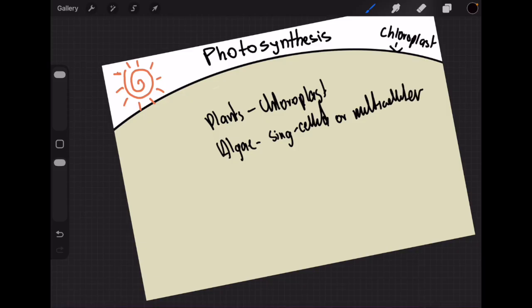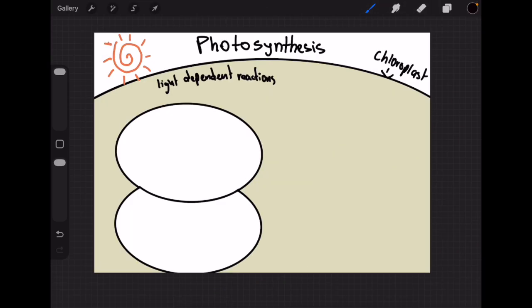We have cyanobacteria, which, even though they don't have chloroplast, perform photosynthesis in the cell membranes. So any organism that has pigments like chlorophyll can do photosynthesis, and in plants it happens in the chloroplast.